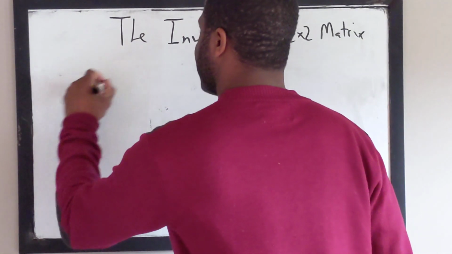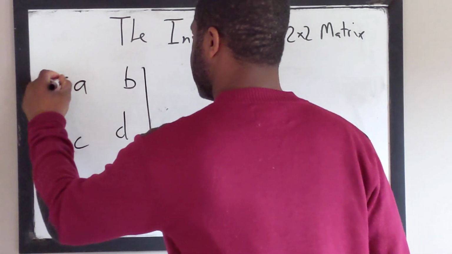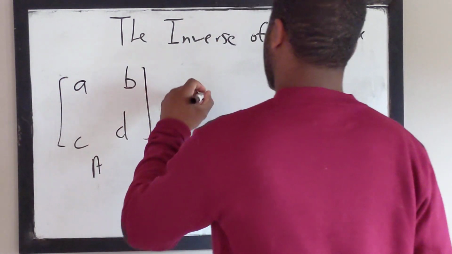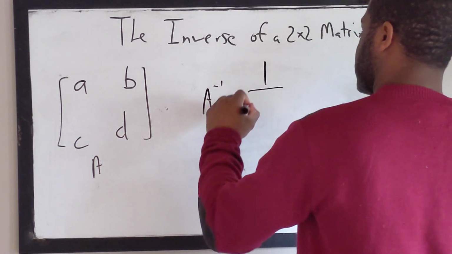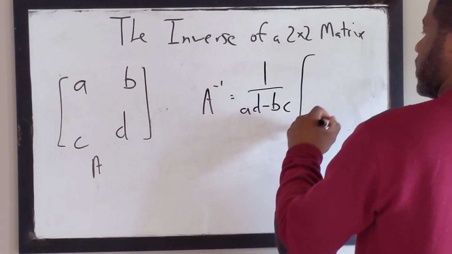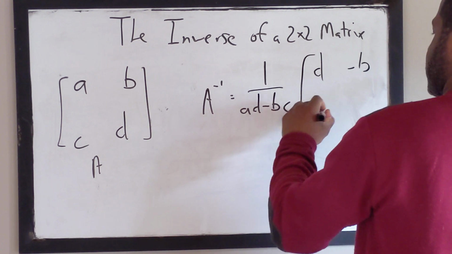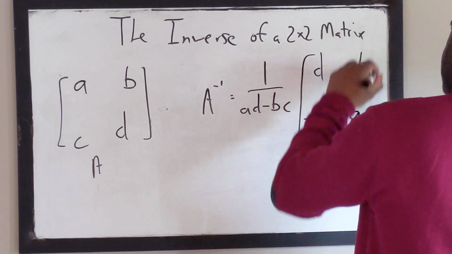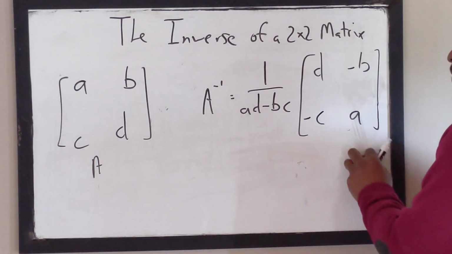Just say we have A, B, C, D. The determinant is given. This is what we do. And I should have, I'm trying to write bigger. I apologize.